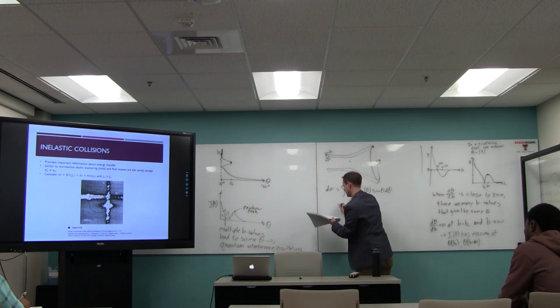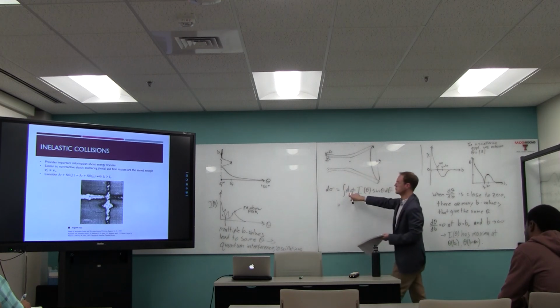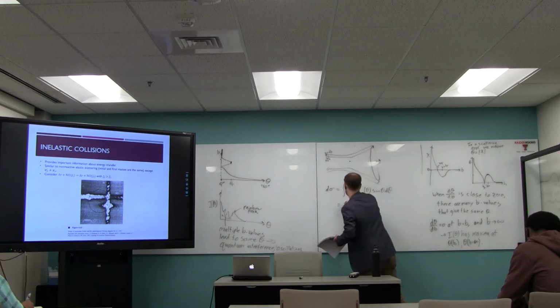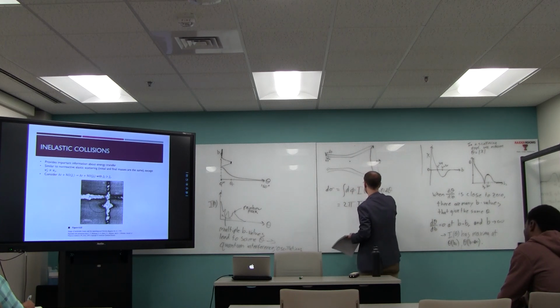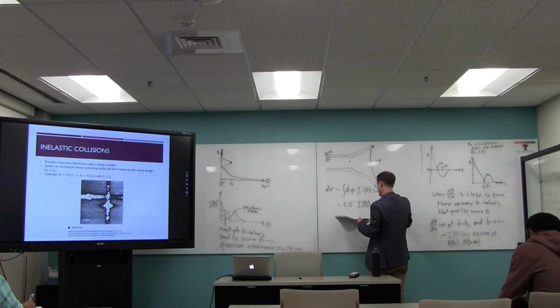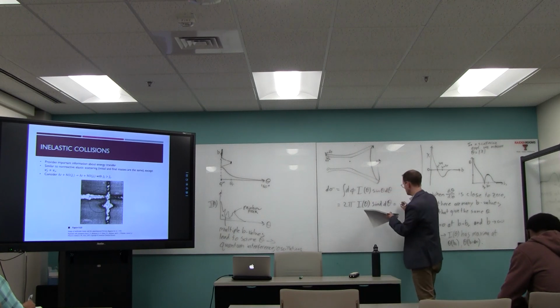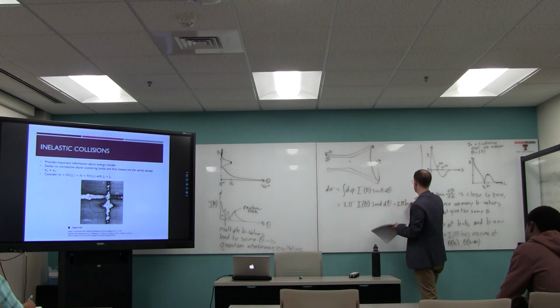This integral is just 2 pi because it's symmetric and has no phi dependence. So that's 2 pi I of theta times sine theta d theta, and that's equal to 2 pi b db.